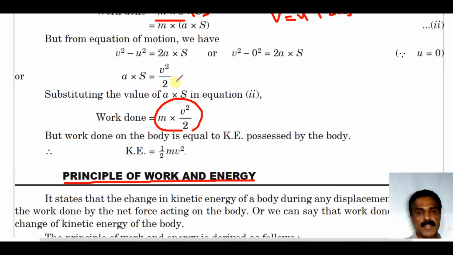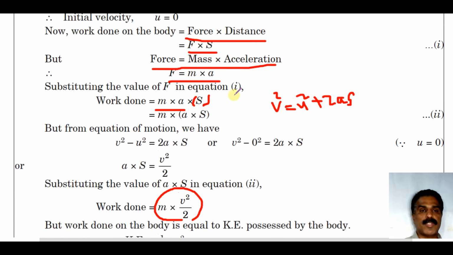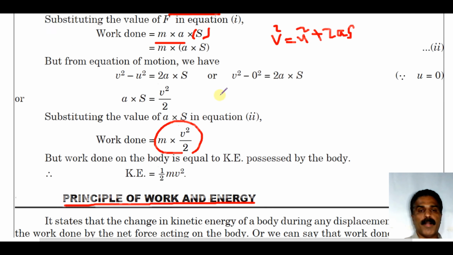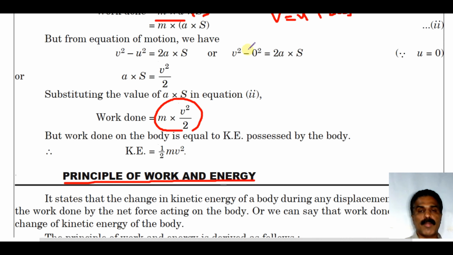But in our case, the body started from rest, and hence the initial velocity is 0. So change in kinetic energy is half mv square. So the work done is equal to half mv square.